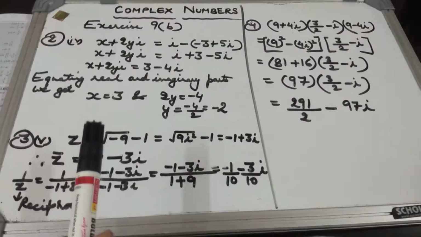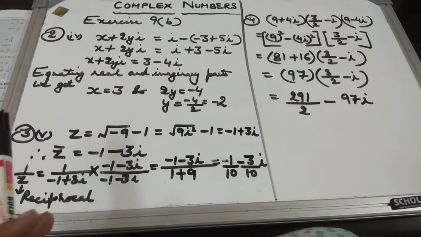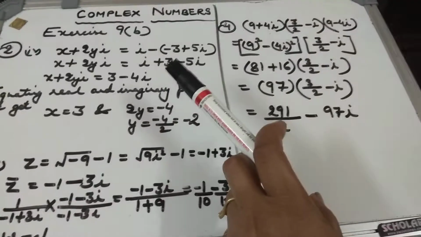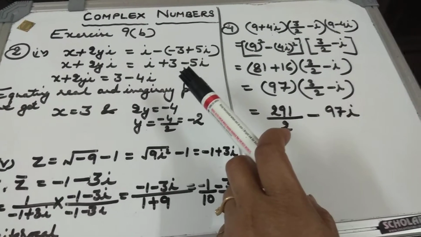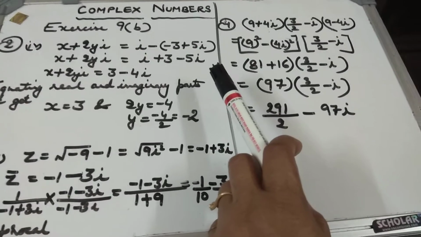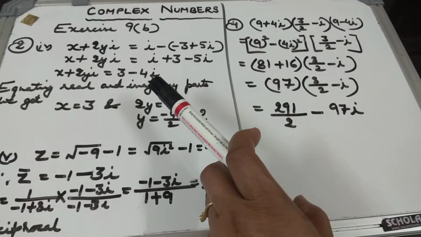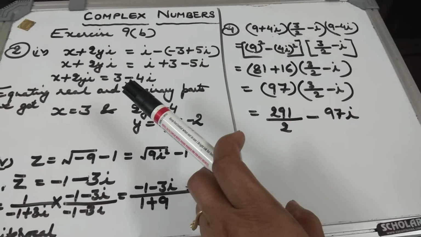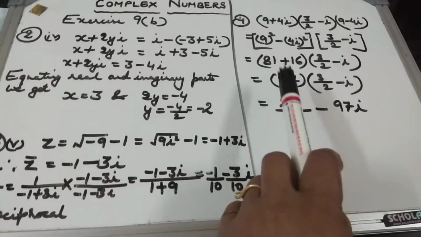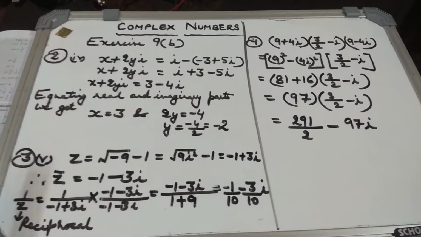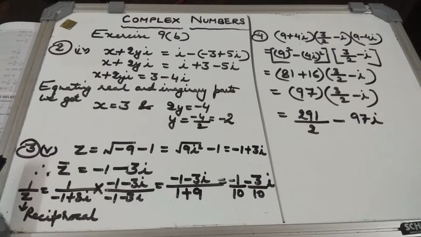Now in this question, in fact, left hand side is not to be simplified because it is already in simplified form. Now right hand side, open the bracket, you are getting i plus 3 minus 5i, and now collect the like terms. So i minus 5i will be minus 4i and 3 of course as it is. Now once you get this type of expression, equate real and imaginary part.